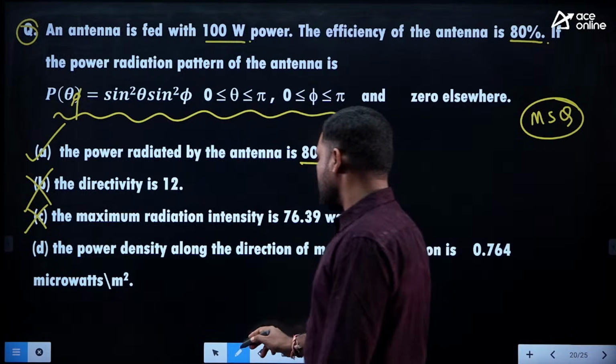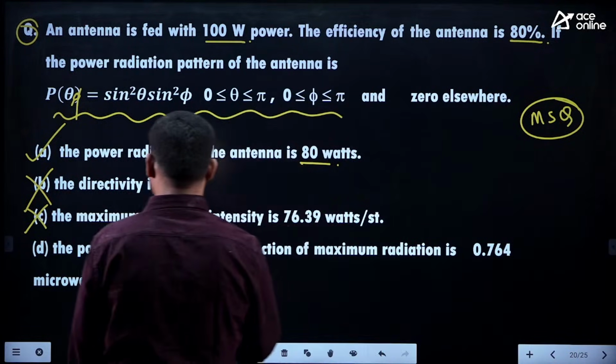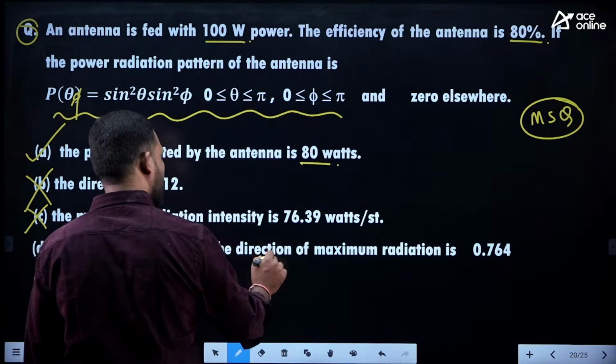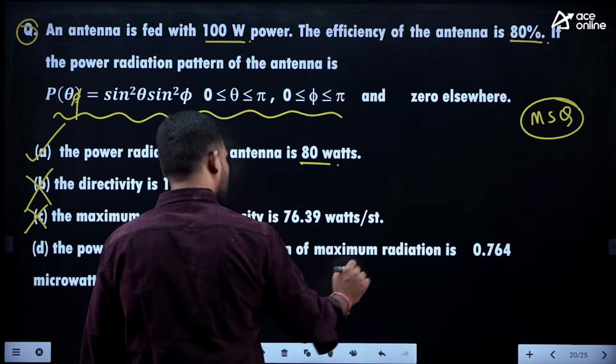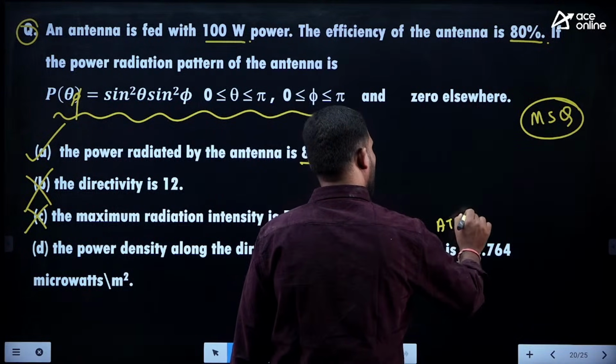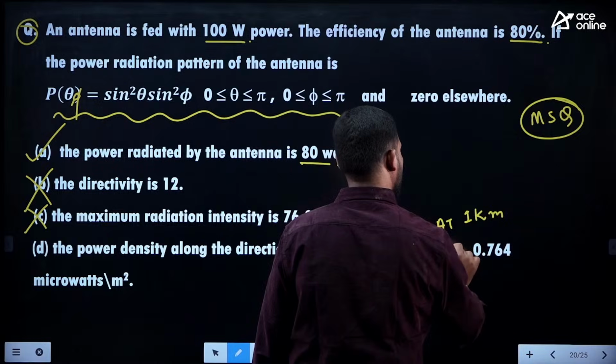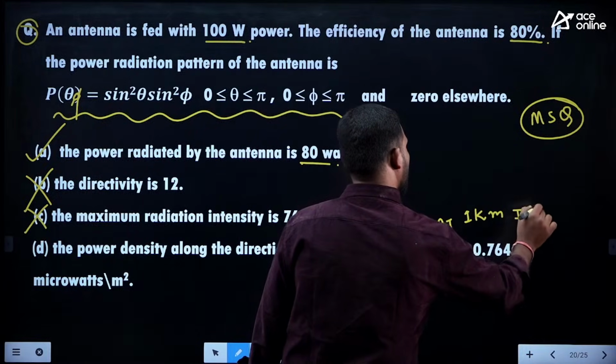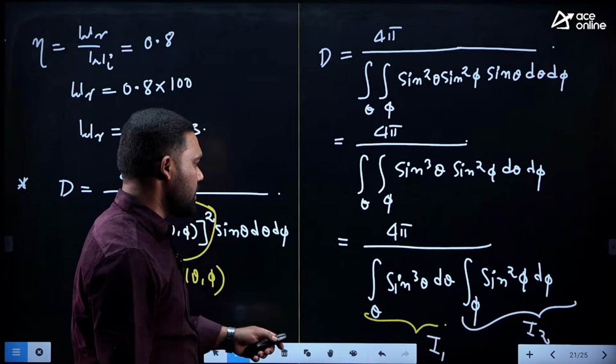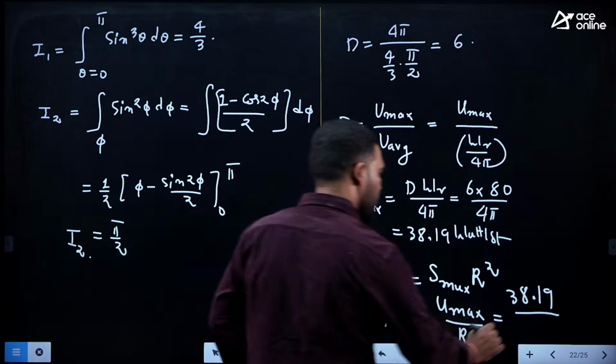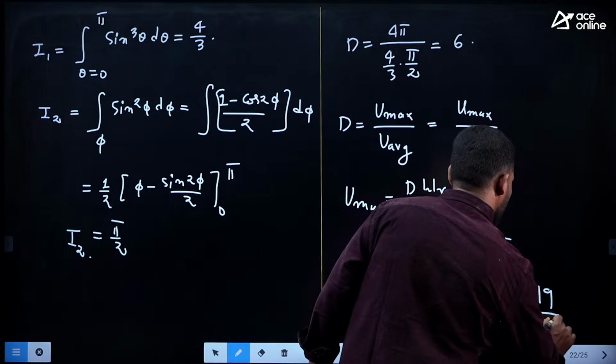And in this one question, if the distance was mentioned, we can find that. So let us incorporate the distance here. Let us say the power density along the direction of the maximum radiation at 1 kilometer is. Suppose I include such a thing, so you can find out here. So it is 1 into 10 to the power of 3 whole square.